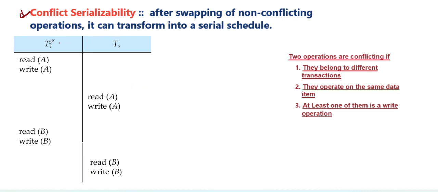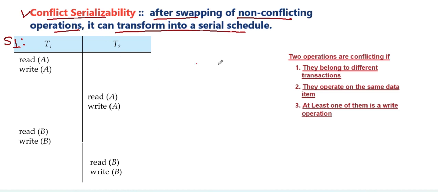The schedule given here is S1, having two transactions T1 and T2. The definition is: after swapping non-conflicting operations, if the schedule transforms into a serial schedule, then it is conflict serializable.